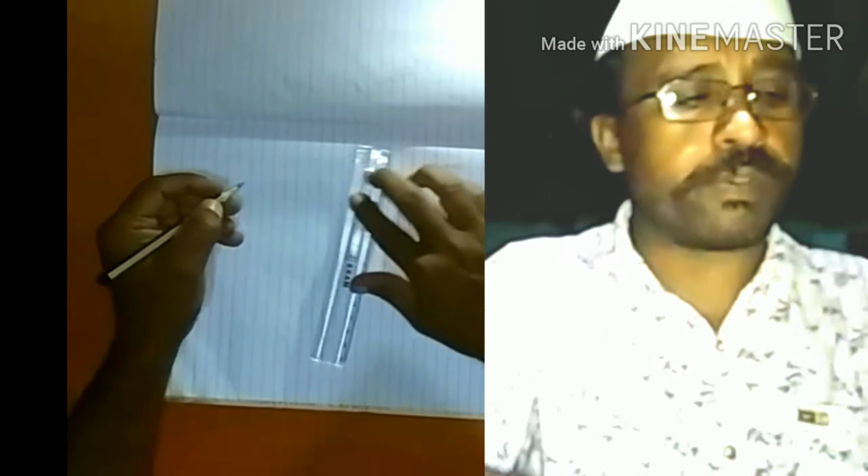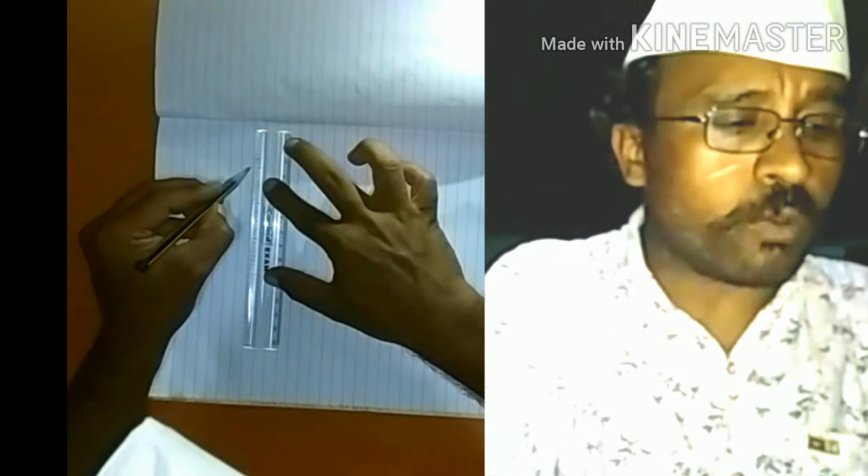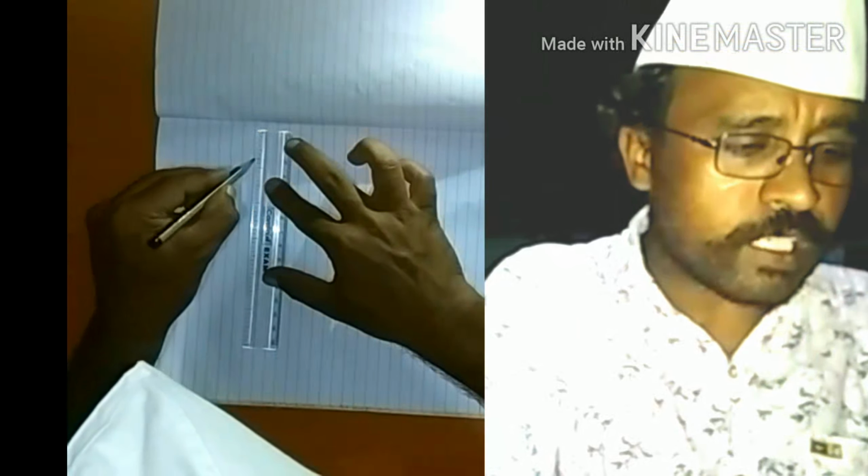The heading is showing an irrational number on number line. Before that, let's recall what we have learned in our previous video, how to find out an irrational hypotenuse.